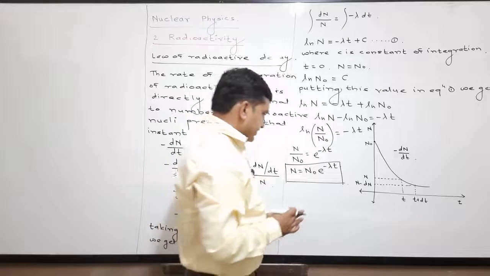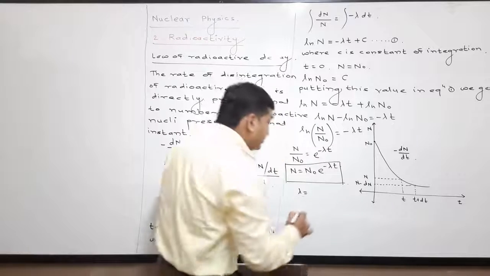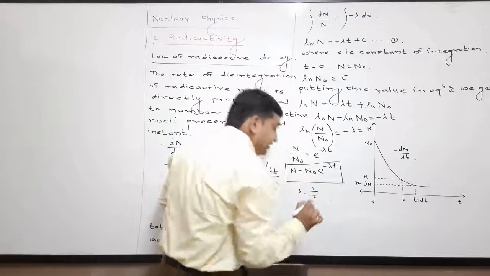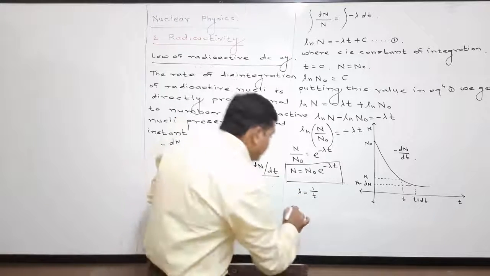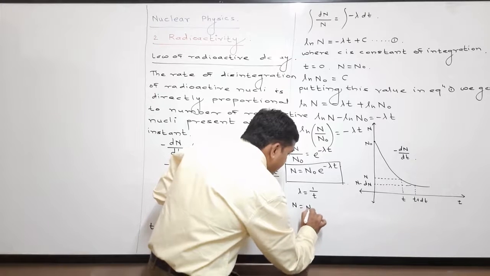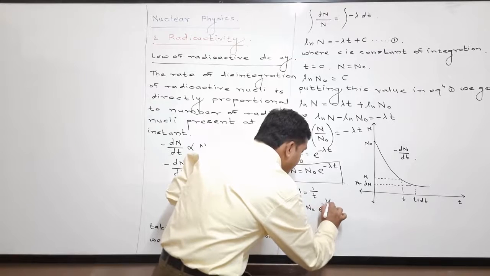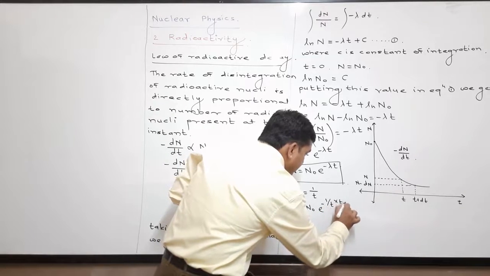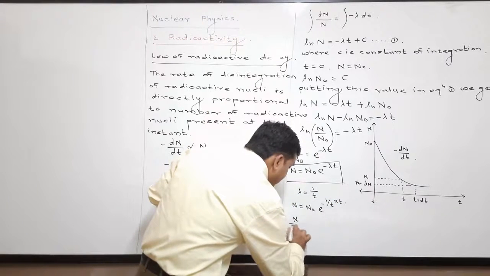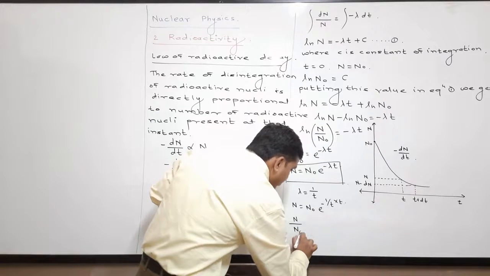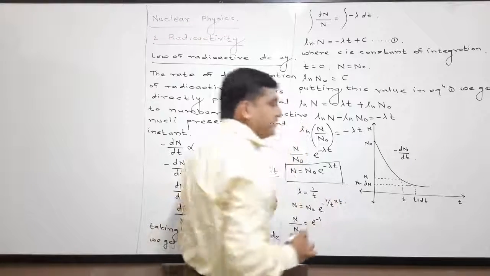Okay, if we consider the decay constant is equal to the reciprocal of a time period, that is lambda is equal to 1 upon T, and therefore we can say that N is equal to N0 e raised to minus 1 upon T into T. So it is minus 1, and therefore N upon N0 is equal to e raised to minus 1.